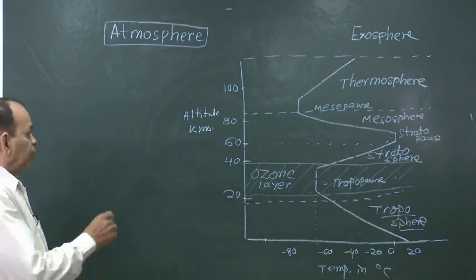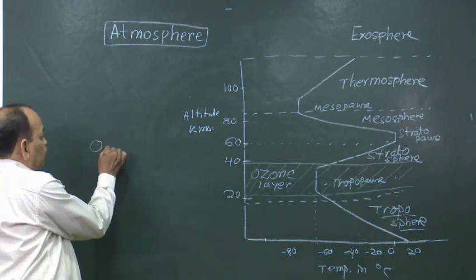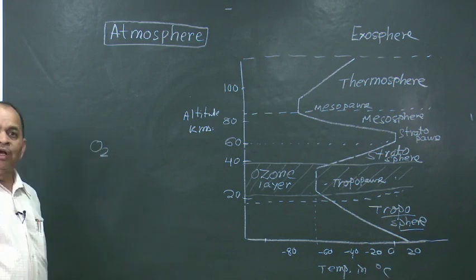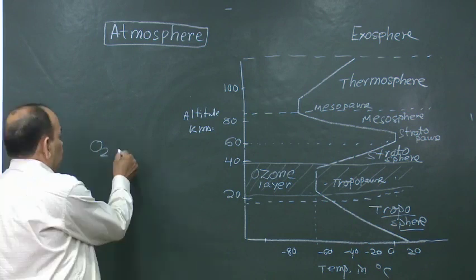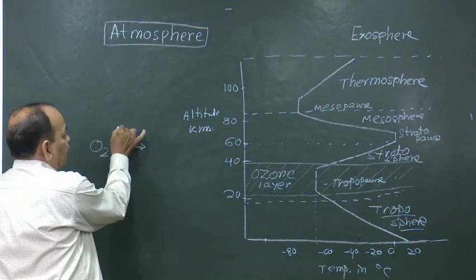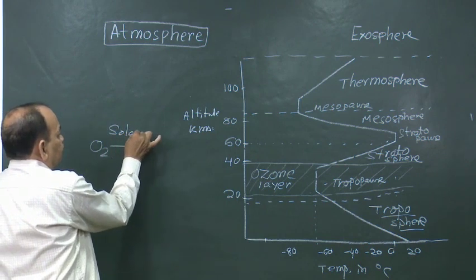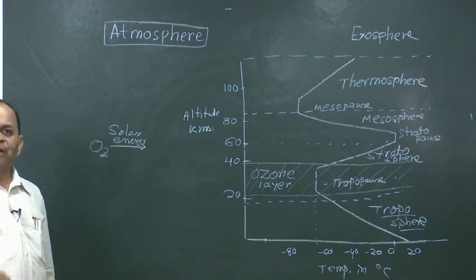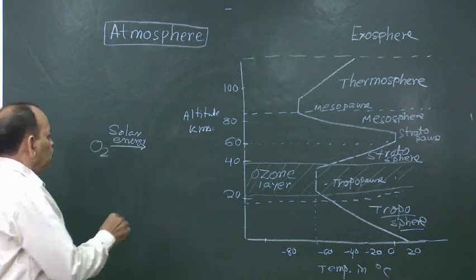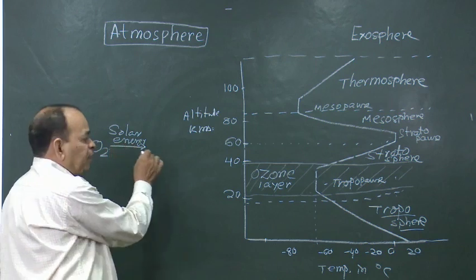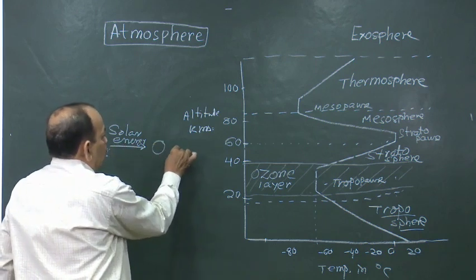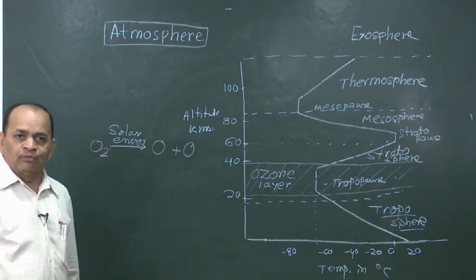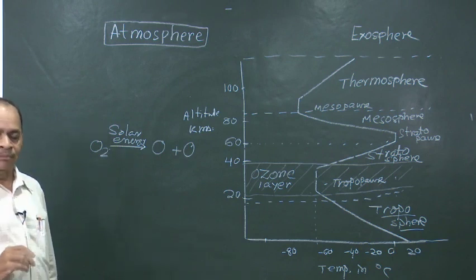Now, you see this is the oxygen molecule. Now, the solar energy, meaning the energy coming from the sun, breaks the oxygen molecule into oxygen atoms. These are the oxygen atoms.